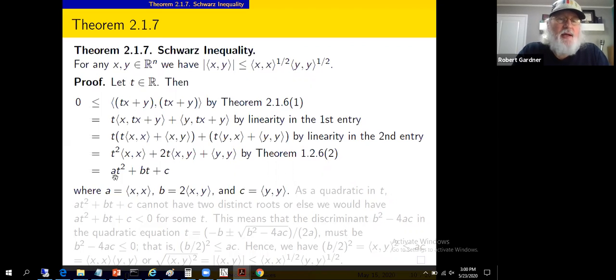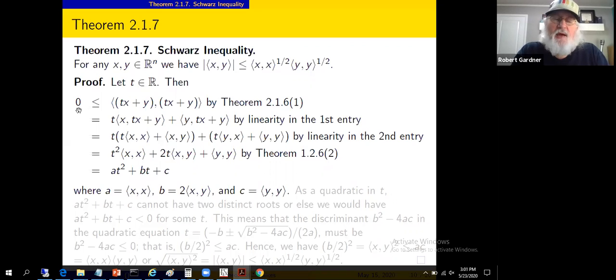Well, the A coefficient, the inner product of x with itself, that's positive, unless x is a 0 vector, in which case the result's trivial. So without loss of generality, suppose x is not the 0 vector. So A then is positive, and we've got an opening upward parabola. And this opening upward parabola is greater than or equal to 0.